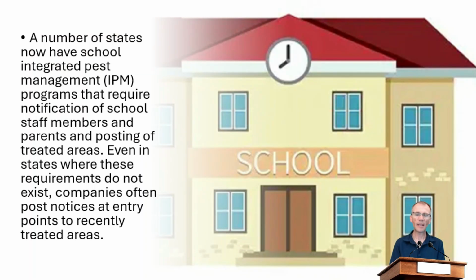A number of states now have school integrated pest management, IPM, programs that require notification of school staff members and parents and posting of treated areas. Even in states where these requirements do not exist, companies often post notices at entry points to recently treated areas.